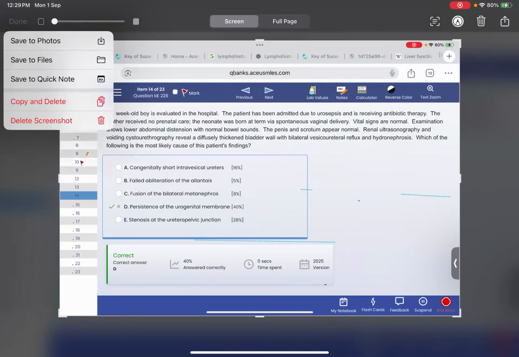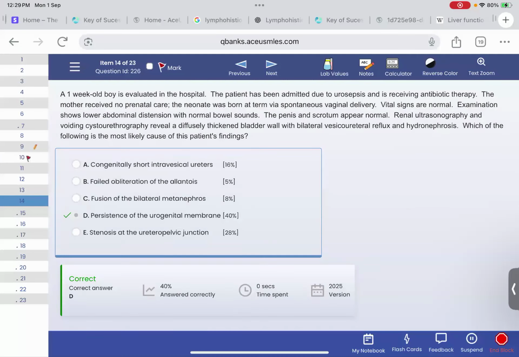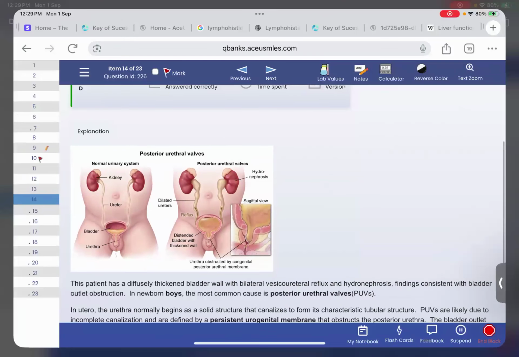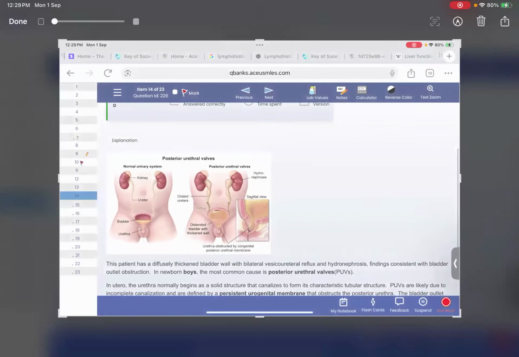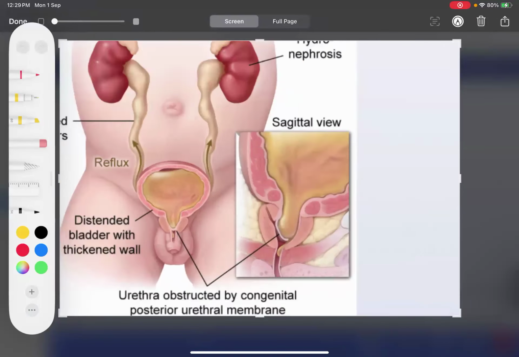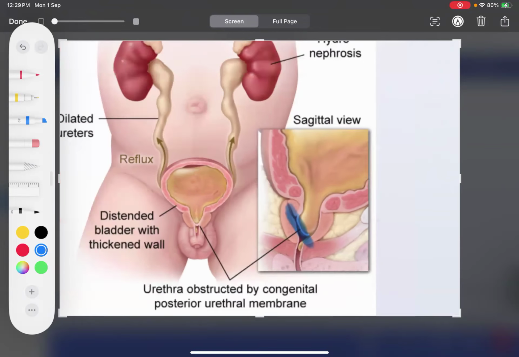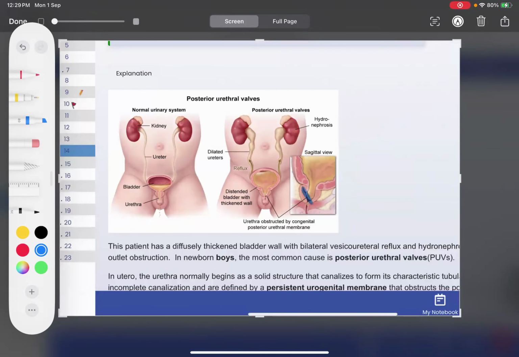So I think we are almost done. You can see the urogenital membrane. This is the membrane, okay? It is causing the backflow, hydronephrosis, and the bladder wall is thickened due to pressure.